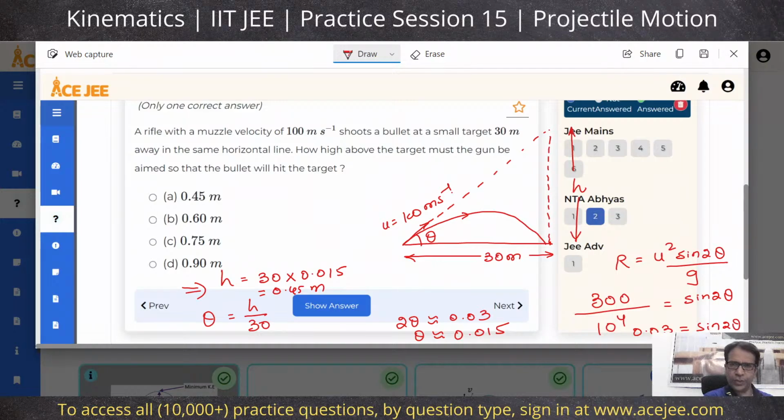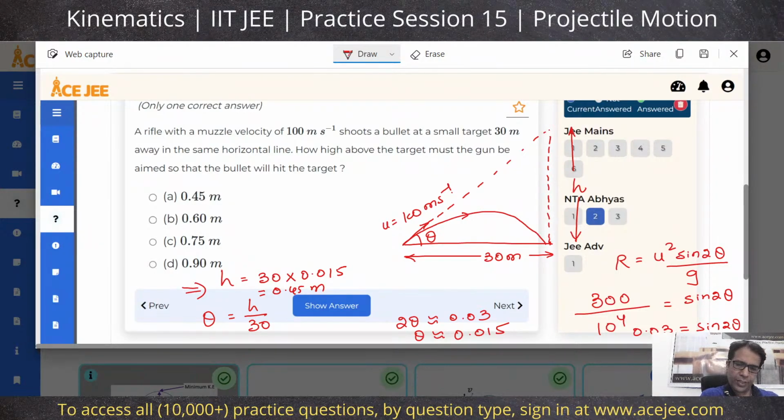So sine 2 theta is 0.03. If sine of something is very small, then the angle will be equal to that value. So 2 theta is actually equal to 0.03. That means theta is 0.015. Now I used tan theta equals h by 30, but for small theta, tan theta is equal to sine theta, which is equal to theta.